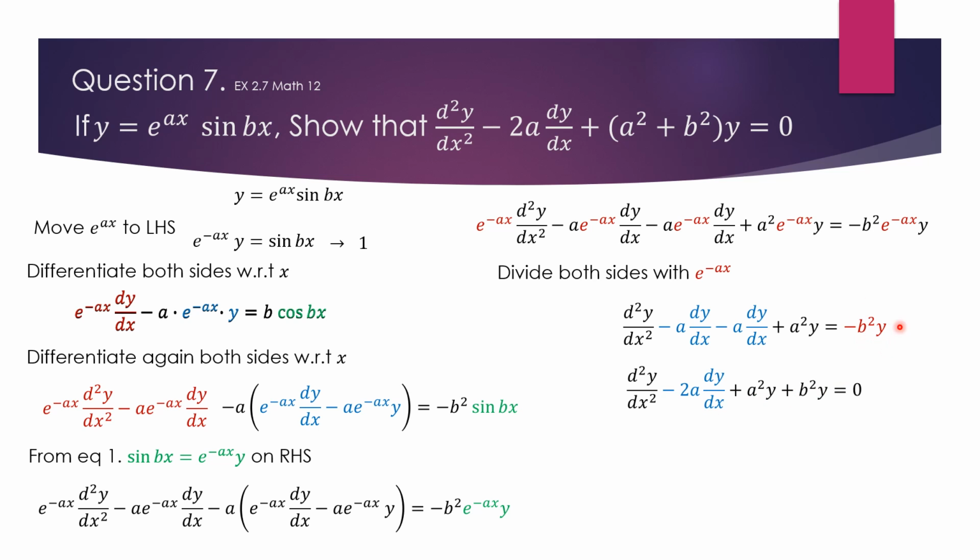Now I am moving this minus b square y to the left hand side. This becomes positive here, so this is equal to 0. Taking y common here, this becomes a square plus b square. This is our required proof, and it is proved.